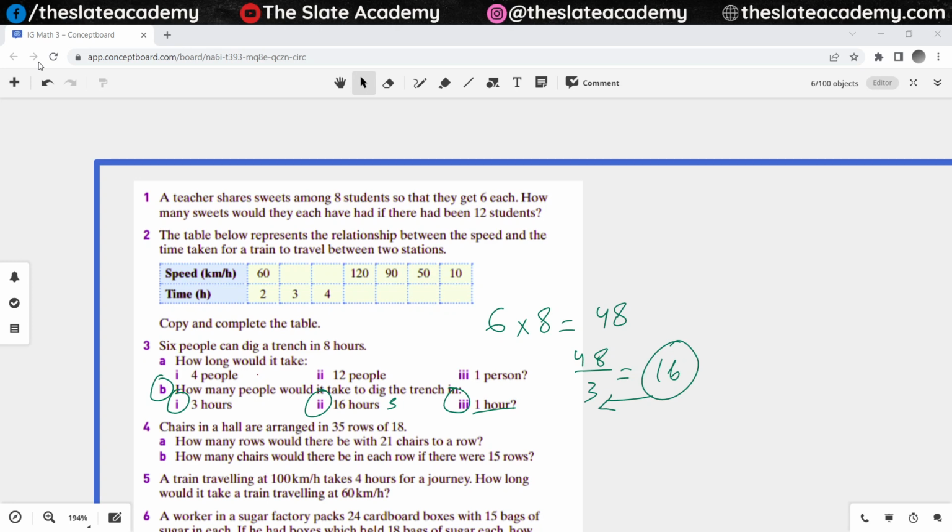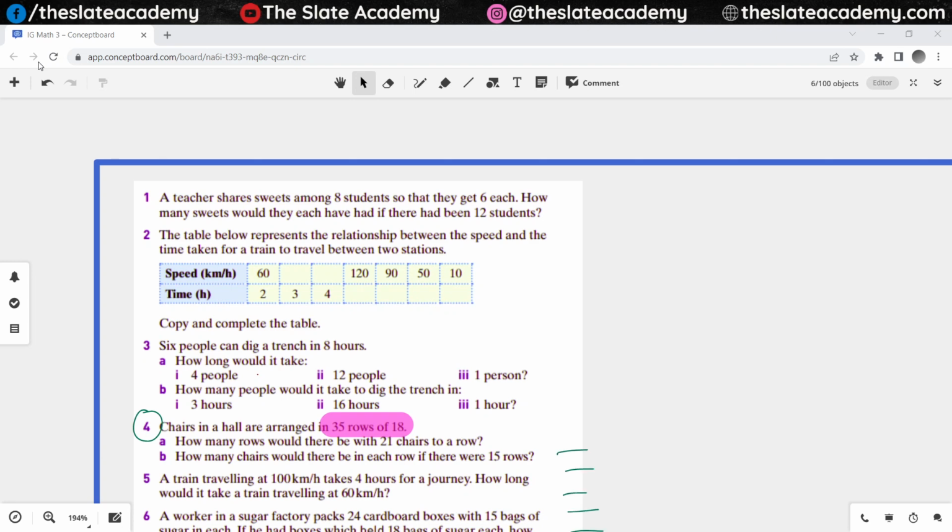Okay. Quickly, if you could solve question 4. Question 4 will be solved the same way as question 3. So the first thing we will do for question 4 is calculate the total number of chairs. There are 35 rows, and each row has 18 chairs.